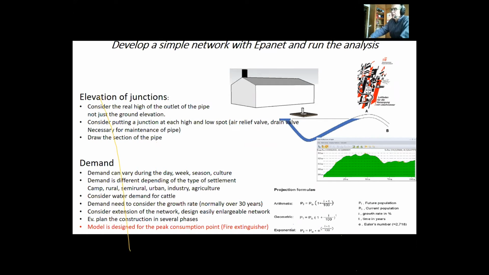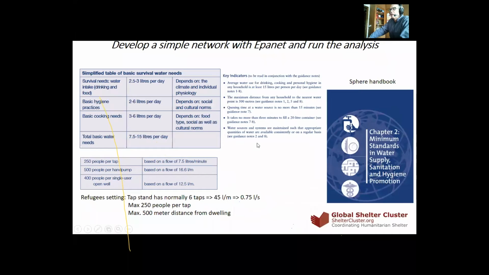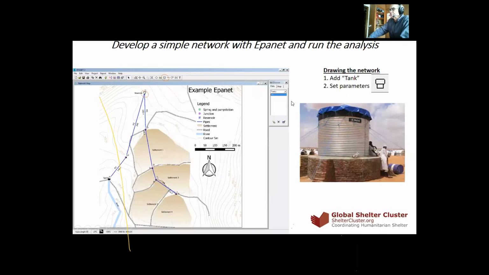And usually fire demand is a very high demand. Okay, now just a few words about the Sphere standard, but like I said, it's not that important for the Syria context.